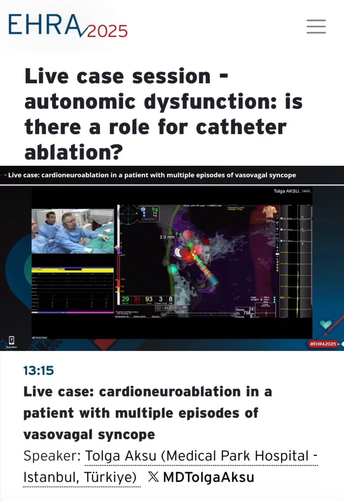But if you are talking about pulsed field energy, during endocardial ablation you can just cause some partial response during PFA, but you will not damage epicardial ganglia.